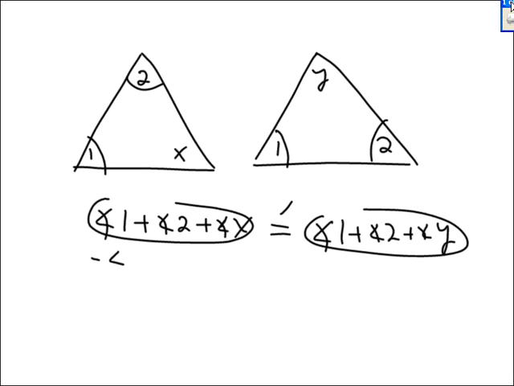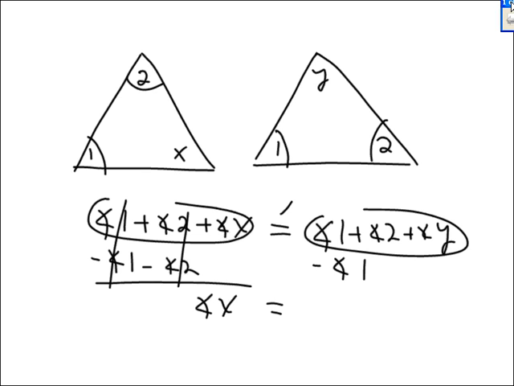And if you take away angle 1 and angle 2 from the left side, you'll just be left with angle x. If you take away the same from the right side, the equality will still hold, and what's left on the right hand side is just angle y.